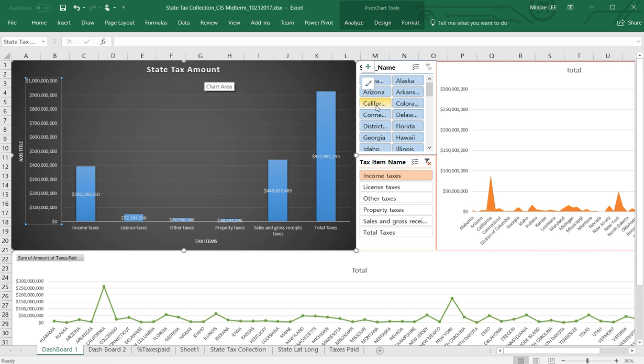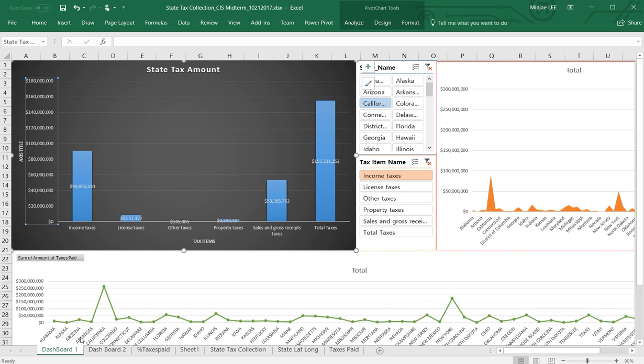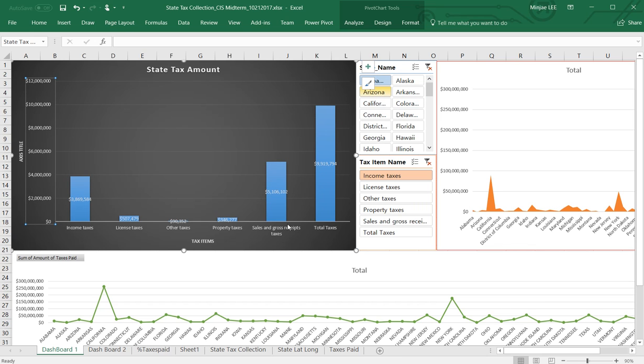So if you just click California, it shows income taxes of this. If you remember, the total tax was $155 million. Alabama, it was $9.9 million here. Income tax, $3.8 million. Sales tax, $5 million.